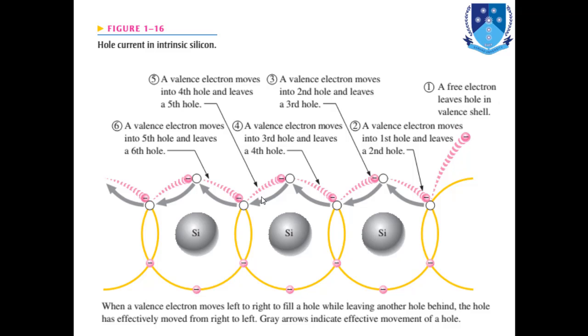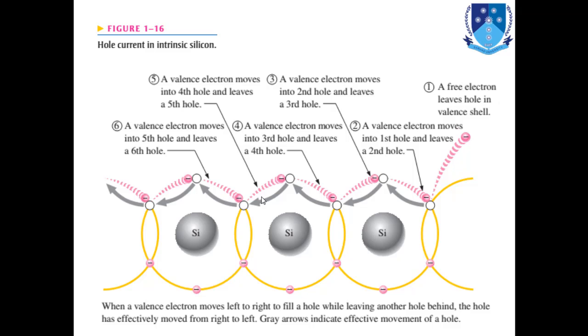Similarly, at mark 5 a valence electron moves into the fourth hole and leaves a fifth hole behind. At mark 6 a valence electron moves into the fifth hole and leaves a sixth hole behind. So you can see that there are two types of flows.